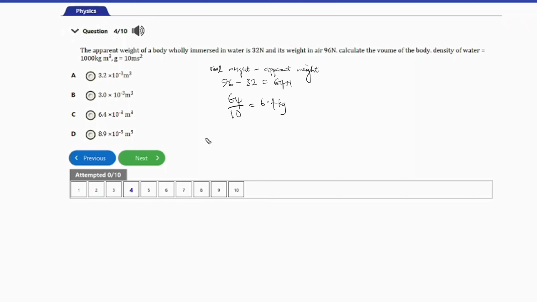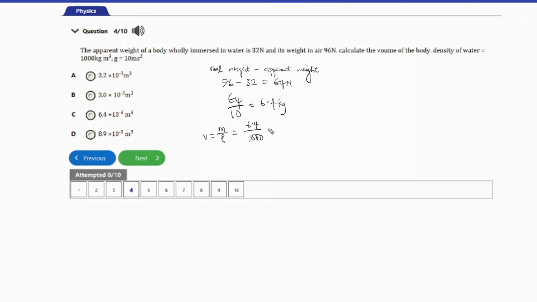So since we have this to be 6.4, the volume here is going to be the mass over the density. Actually, density is mass over volume, so volume is going to be mass over density. So in that case, we have 6.4 kg over 1000 kg per meter cube.